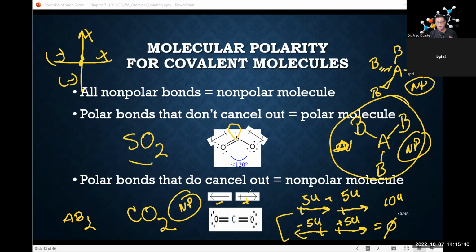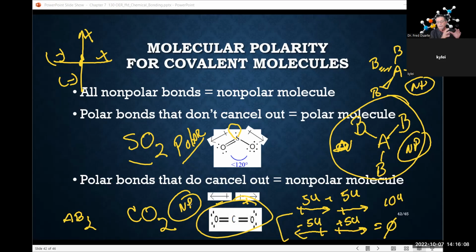But the result is this: since they don't cancel each other out, SO2 is a polar molecule with polar bonds, okay? So here's the important part, it is possible to have polar bonds like carbon dioxide and end up being nonpolar because the polar bonds cancel out, okay?